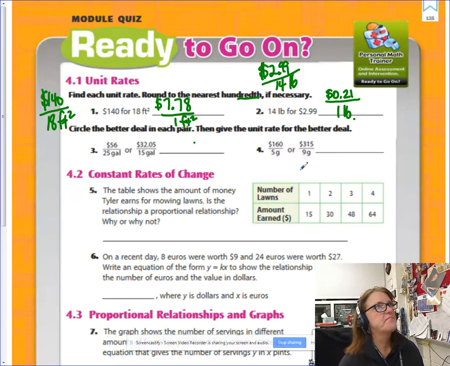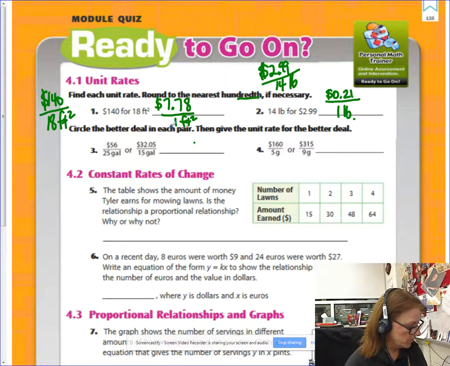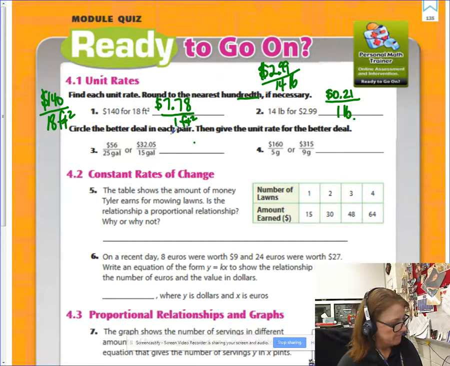Done. Now, 3 and 4, you're using that skill. Identify which one's the better deal. They said circle it. Well, first you have to calculate it. So take 56 divided by 25. Okay, that gives you $2.24. So we must be buying gas here. $2.24 for 1 gallon.